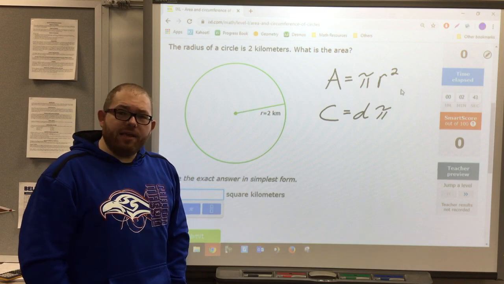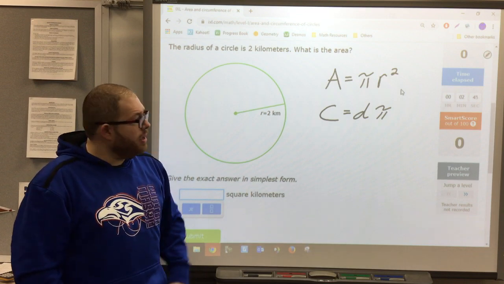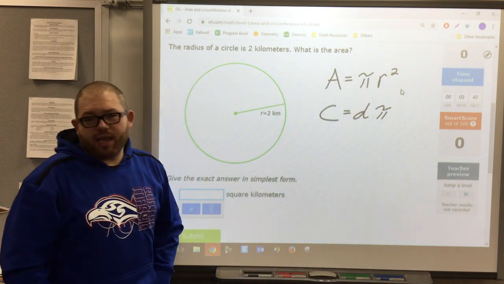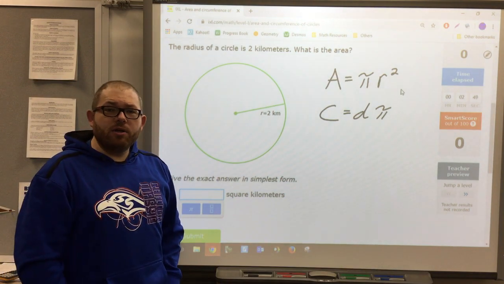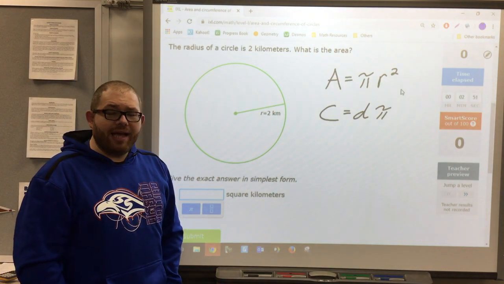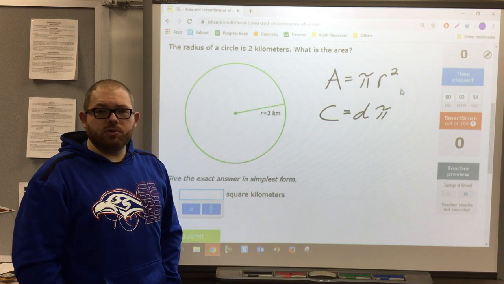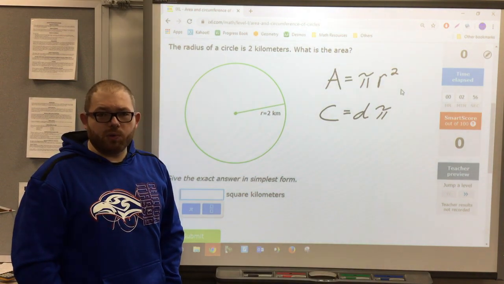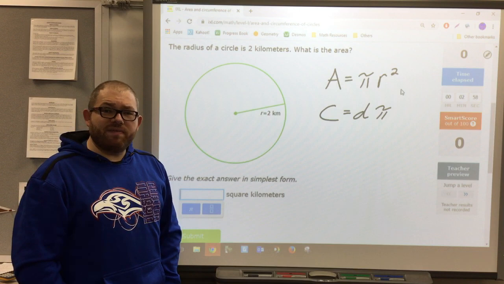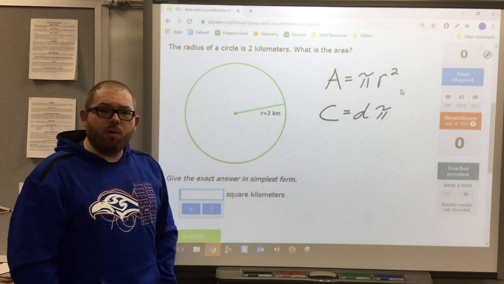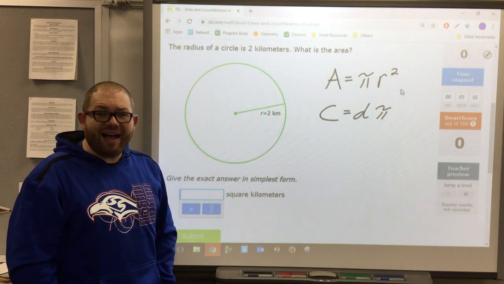Now I know that many of you are used to multiplying by pi to find the area. On a calculator, you could use the pi button, and sometimes it will tell you to use the number 3.14. On this specific skill, they do not want you to multiply by pi.